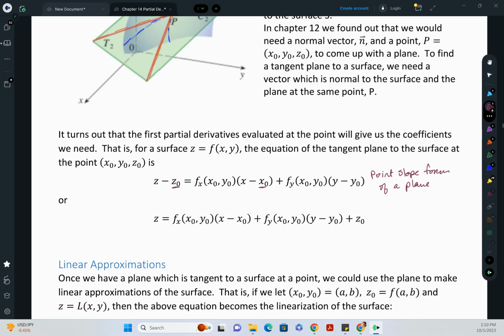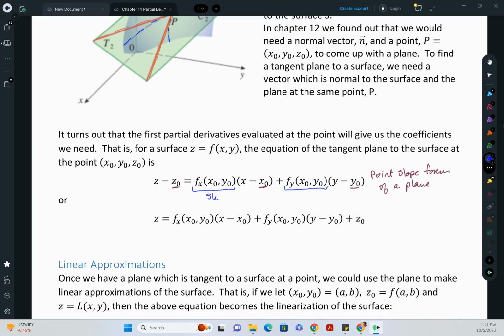So we have x naught, y naught, and z naught. That's our point. The slope is coming from the f sub x evaluated, remember it has to be evaluated, at the point x naught, y naught, and then f sub y is also part of our slope, right?